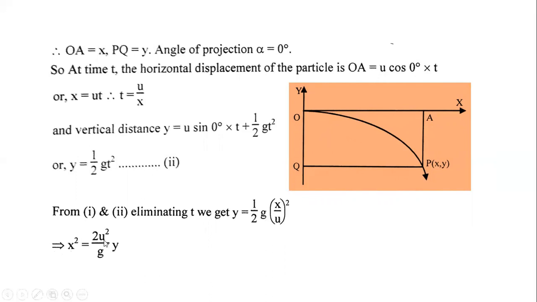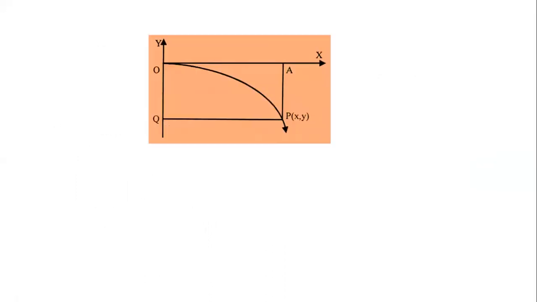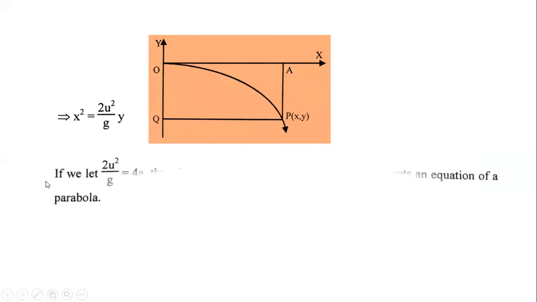That means x square equals 2u square y by g. If we let 2u square by g equal 4a, then the equation becomes x square equals 4ay, which represents an equation of a parabola.